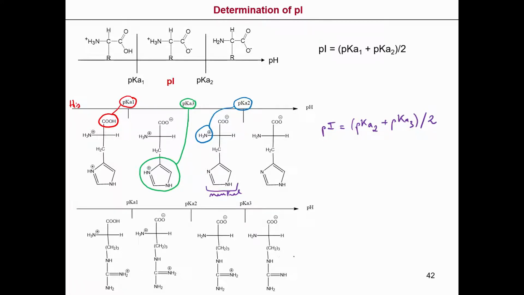In the same way, I plot the pH diagram with all the charges of arginine this time. Okay, so you have the arginine form in acidic media, the arginine form in basic media, and the neutral form of arginine.